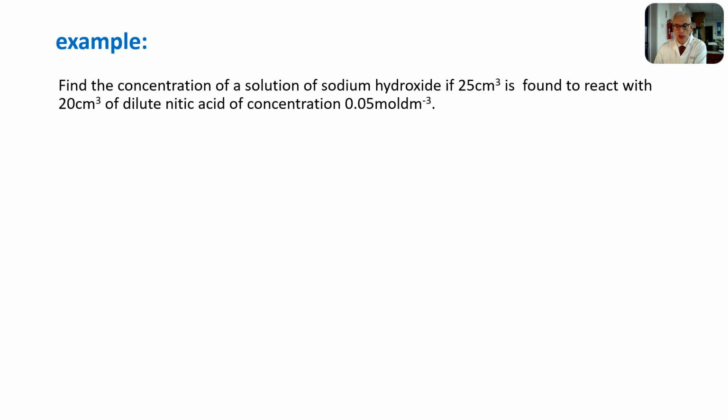So just looking at this, though it doesn't specifically state it, 25 centimeters cubed would indicate that that has been measured using the volumetric pipette, and 20 centimeters cubed, we would assume that that has been delivered by the burette.